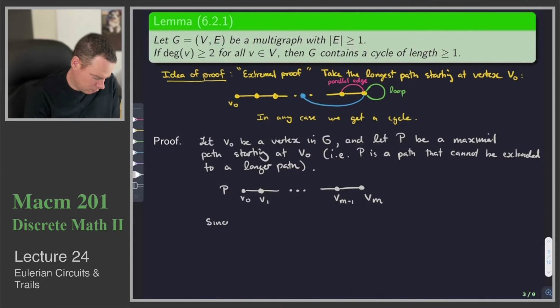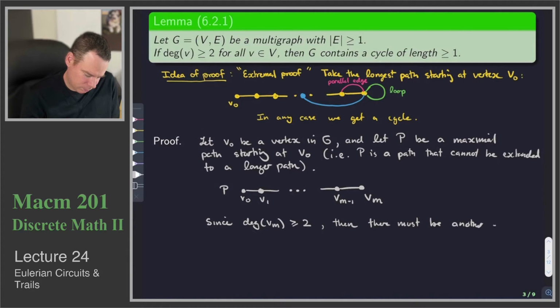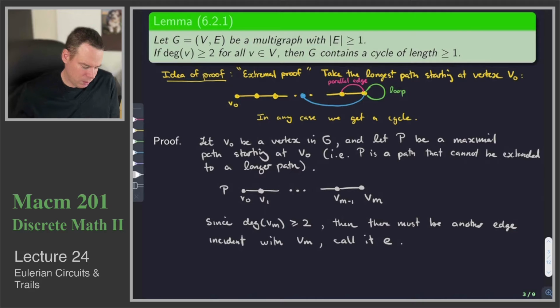Since the degree of Vm, that last vertex, is greater than or equal to 2, then there must be another edge incident with Vm. Let's call it E.